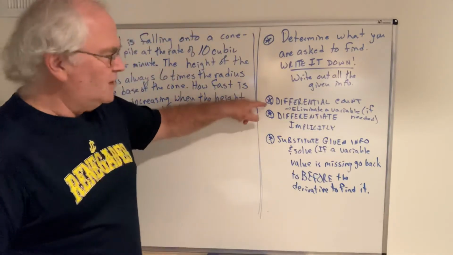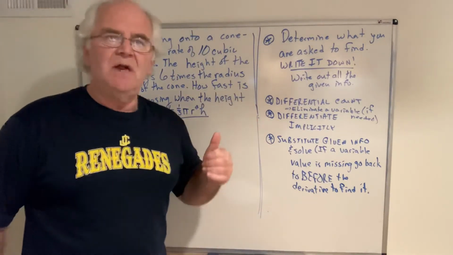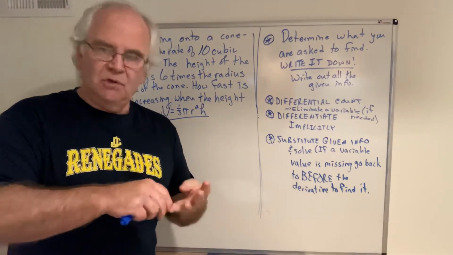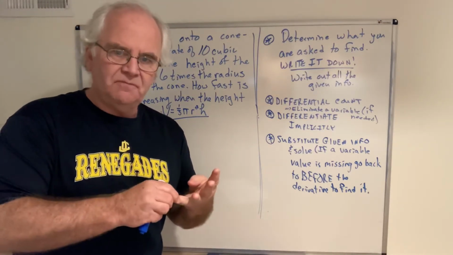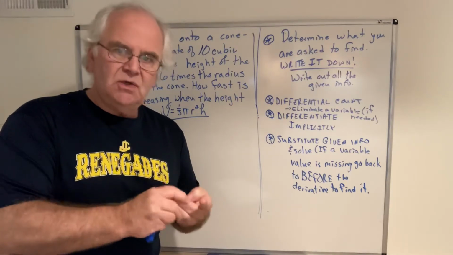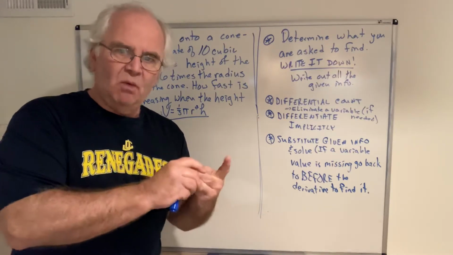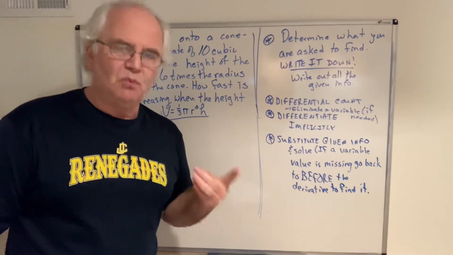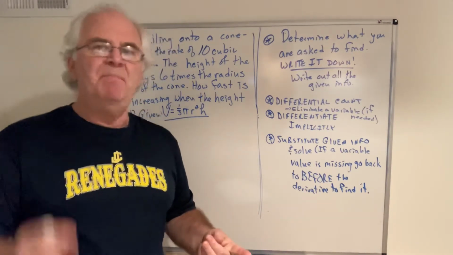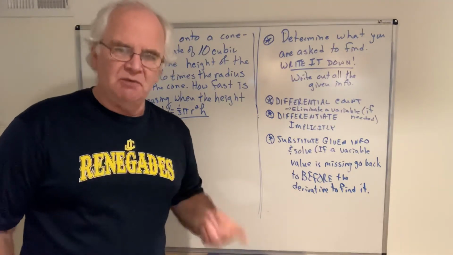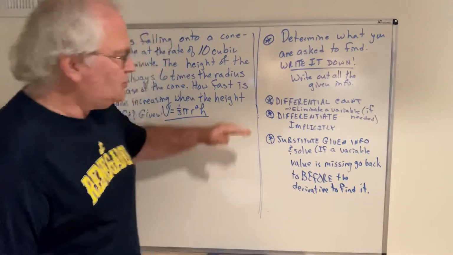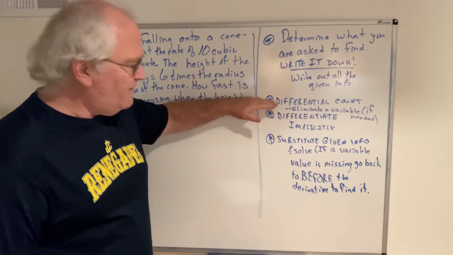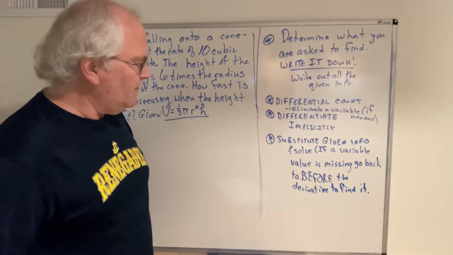And so if the differential count is too high, suppose you have 4 variables, if you're looking for one of the differentials and you're given 2 more of the differentials, but one differential is not involved in the problem in any way, then you need to get rid of that variable before you actually compute the derivative. So make sure you do the differential count and make sure that count is correct before you actually compute the derivative.